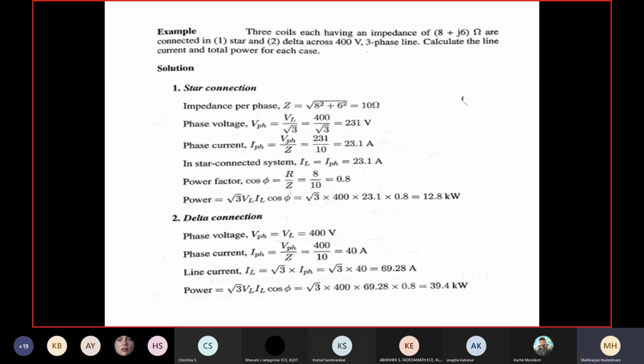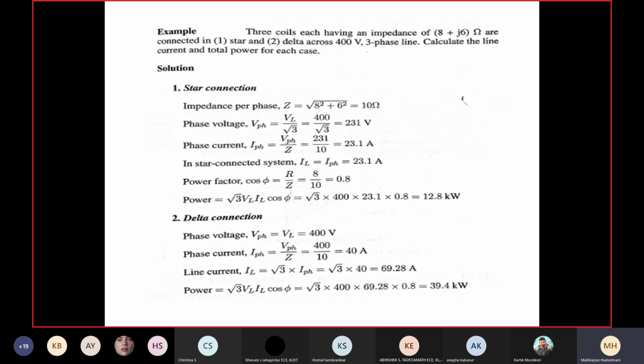Such three are there, in one group 8 plus J6, second group 8 plus J6, third group 8 plus J6, connected to 400 volt 3 phase. Then power consumed is root 3 VL IL cos phi, which sums up to 12.8 kilowatt. This is in star.